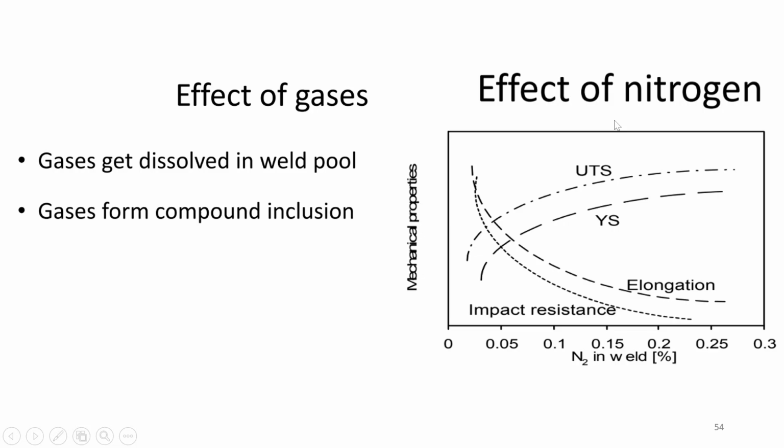Effect of nitrogen. With increasing nitrogen concentration, you can see that the ultimate tensile strength and yield strength of the material keep on increasing, but the elongation, ductility, will reduce. The toughness of the material will also reduce, and impact resistance is also reducing.